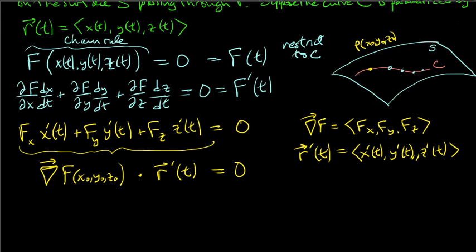We have a vector r prime of t. Now that is a tangent vector to the curve. So maybe something like this. And because it's a tangent vector to the curve, it's also a tangent vector to the surface. Okay. What else do we have? We have the gradient, the gradient of f. Remember, the gradient points normal to a level curve, but here we have a level surface.